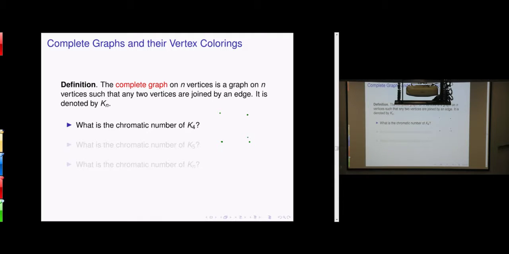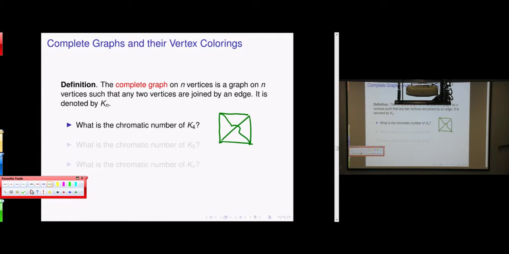The definition of a complete graph says any 2 vertices are joined, so I have to join every pair of vertices. So this is K4.